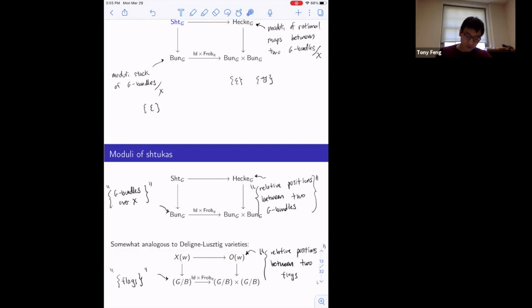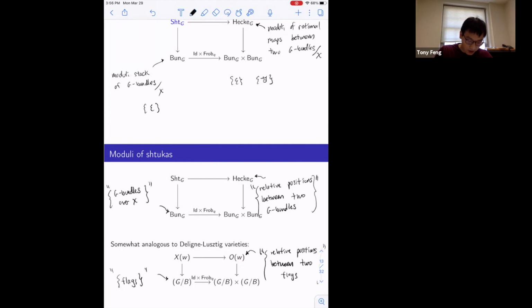What we're talking about is formally somewhat similar. Instead of flags, we consider the space of G-bundles on a curve. Instead of relative position of two flags, we consider a Hecke stack, which can be thought of as parameterizing relative positions between two G-bundles on your curve. And again, you form this kind of Frobenius twisted fiber product.